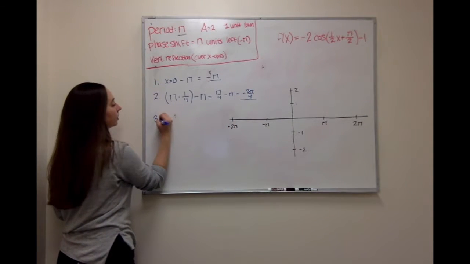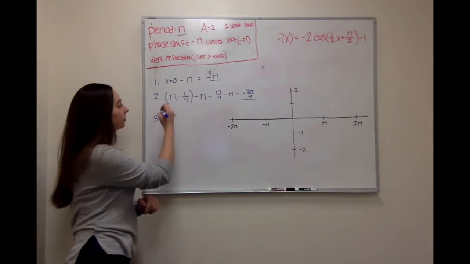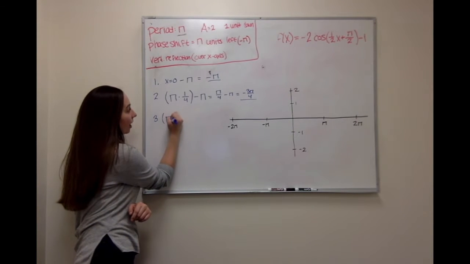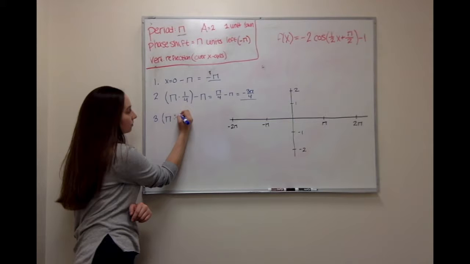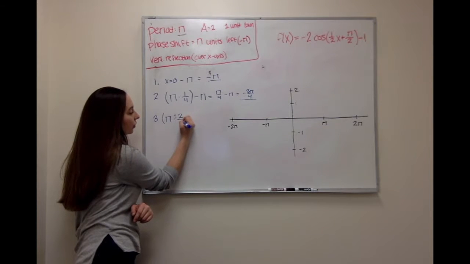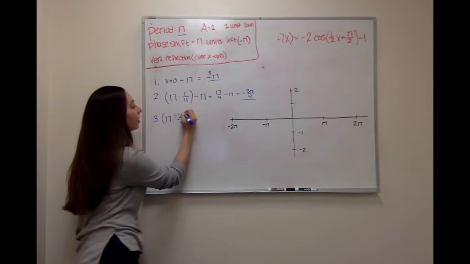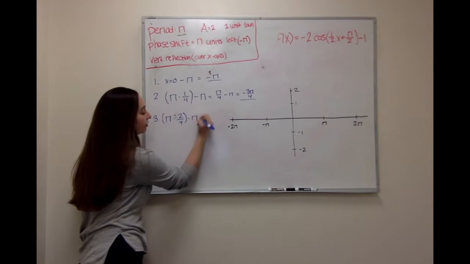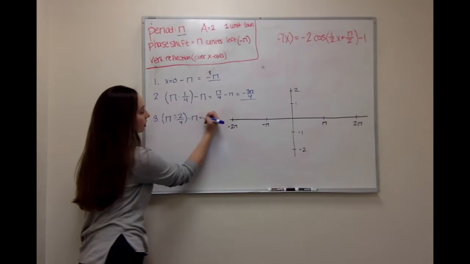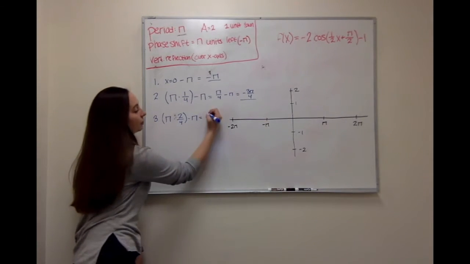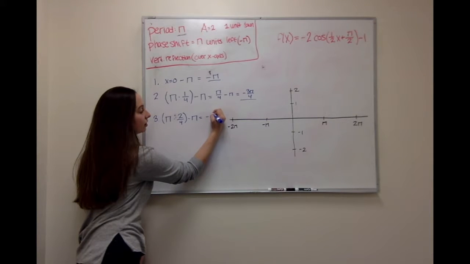The third point will be pi times 2 over 4, or 1/2, and then subtract pi for your phase shift, and you will end up with negative pi over 2.